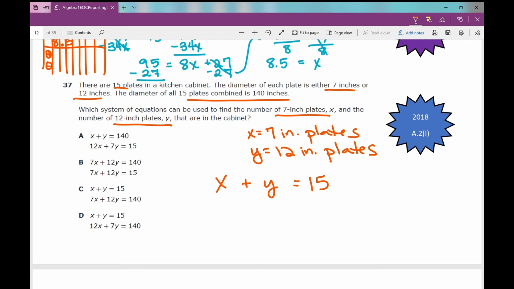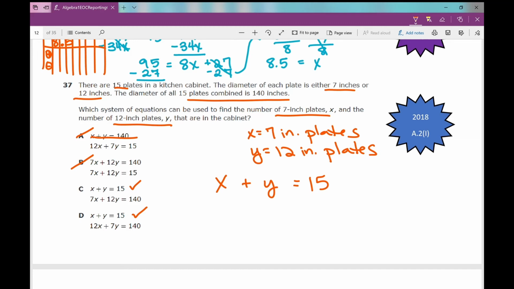Okay, so when you come up with one equation, eliminate your answer choices from there. What is it not? Well, it's not A. It says x plus y equals 140. I have this one, x plus y equals 15, and I have this one. This is another answer that I do not see this equation in.